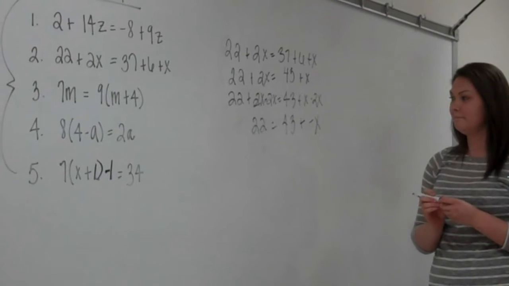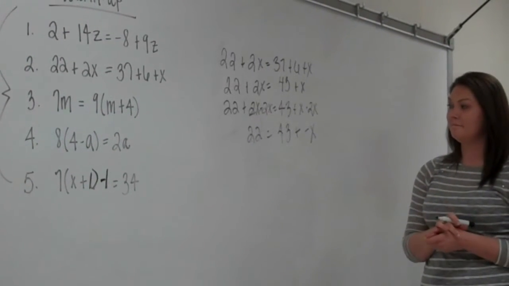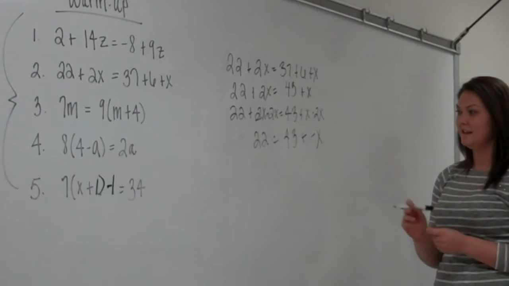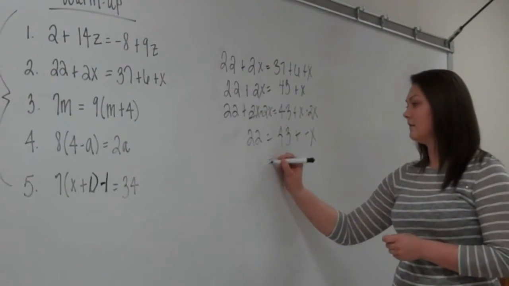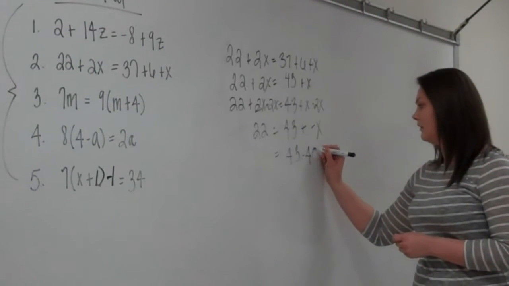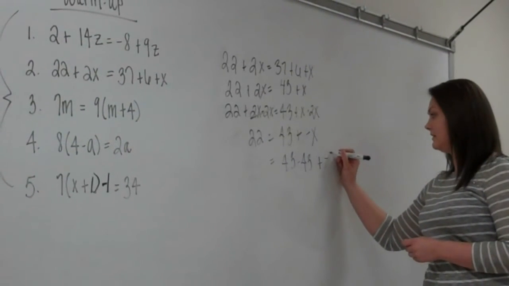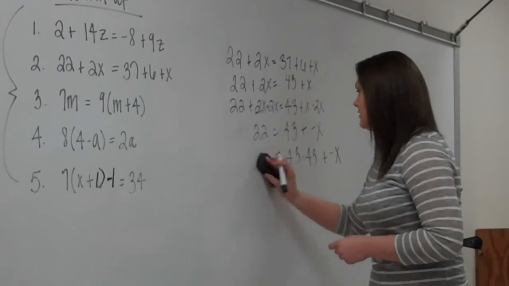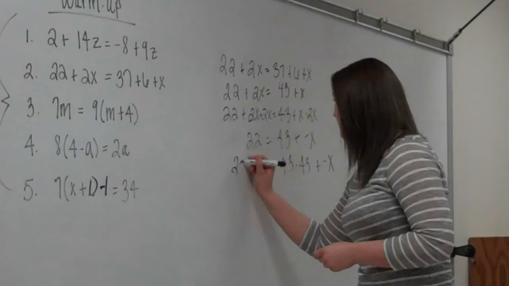Alright, now what? Minus 43. You're going to subtract 43? Yeah. So 43 minus 43, and then you said plus a negative x, and 22 minus 43.